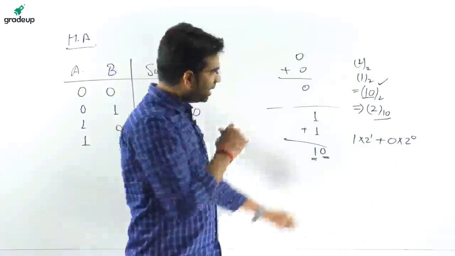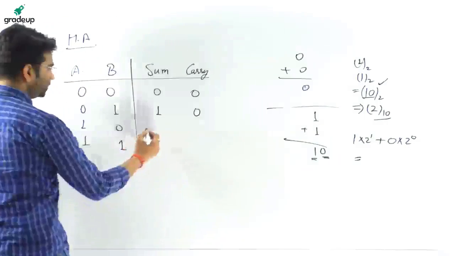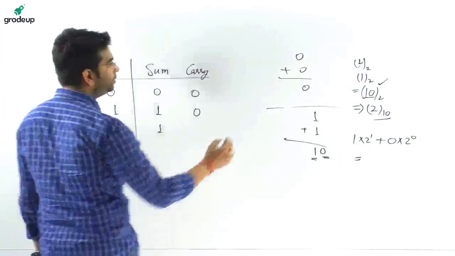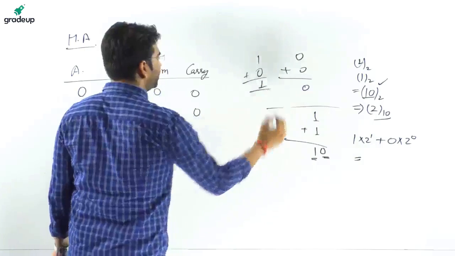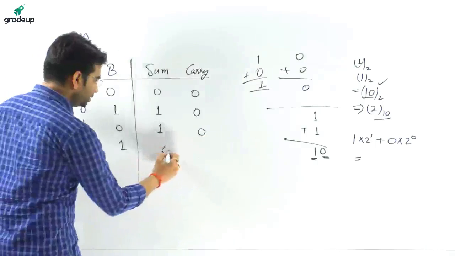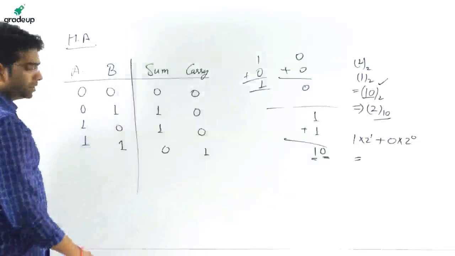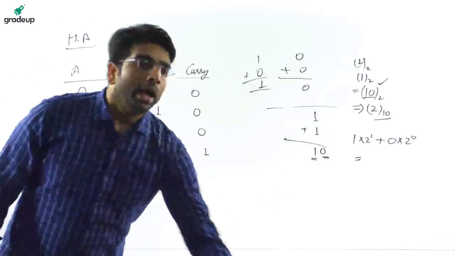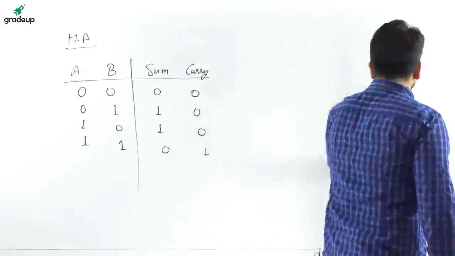This is how you get it. So from that place, sum is 1. Whether we add 1 plus 0 or 0 plus 1, it will be 1. For 1 plus 1, sum is 0, carry is 1. Okay, dear friends, how do we design a circuit that performs as a half adder?